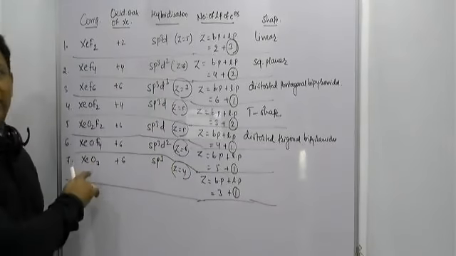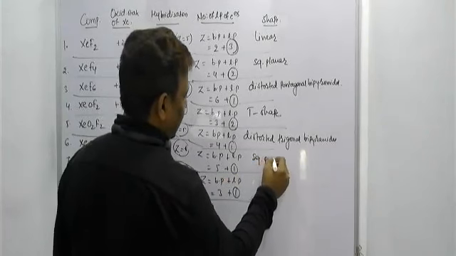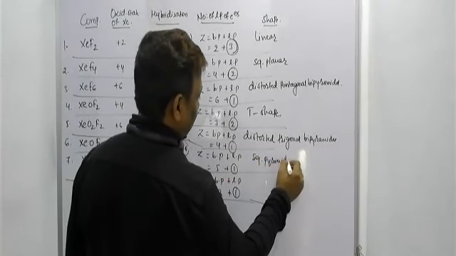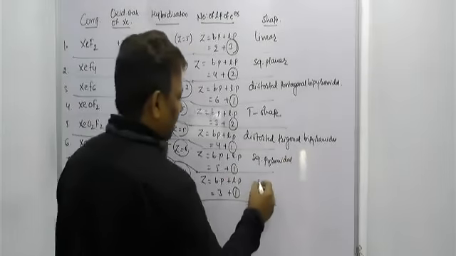But XeOF4 is square pyramidal. XeO3 is only pyramidal.